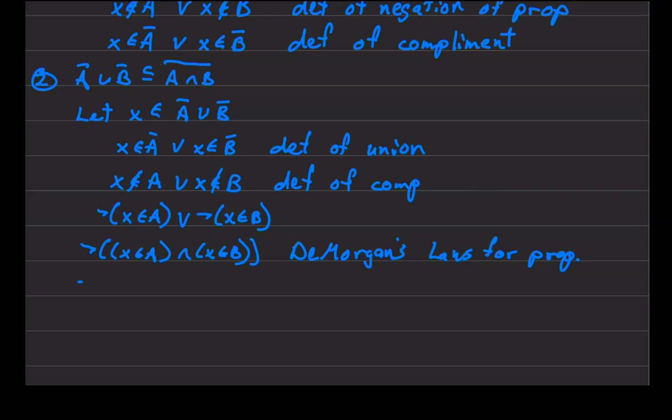And now that we have this, we can say, okay, that means that X is in A intersect B. How can we say that? Well, that is the definition of intersection.